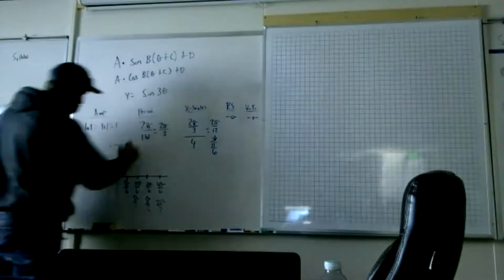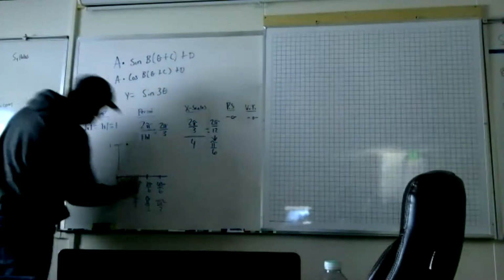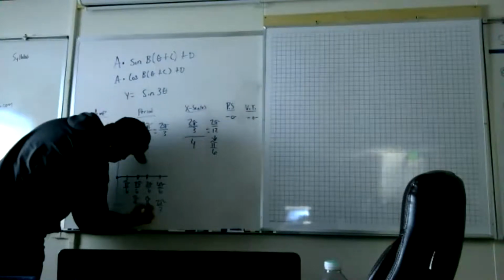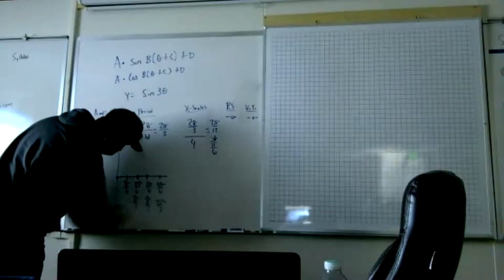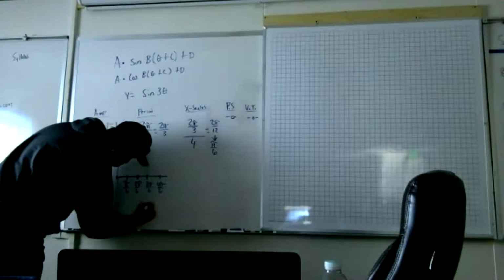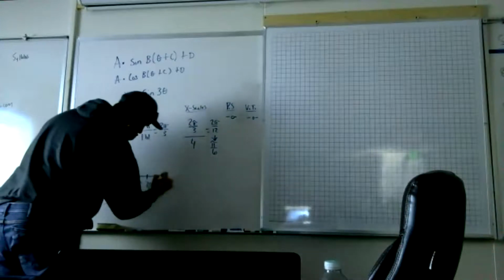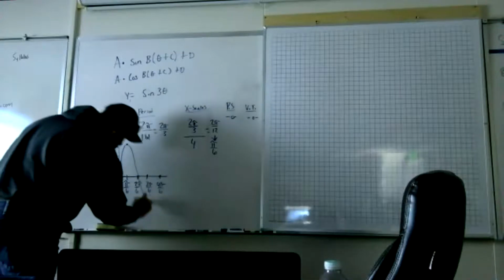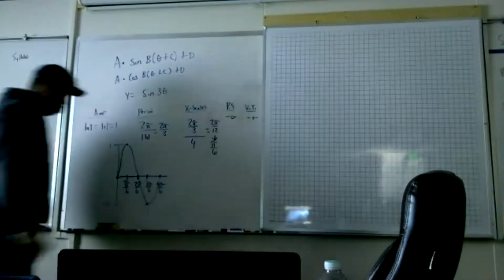Okay, sine function starts on the midline. Then it goes to its maximum. Then it goes back to the midline. Then it goes to its minimum value, so I have to erase my little simplifications. And then it goes back to the midline to start a new period. That's what it looks like.